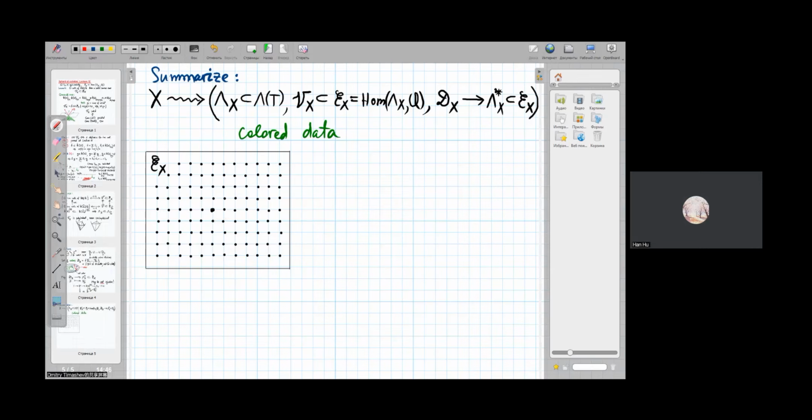Say, let this be the origin. And we have a cone sitting in this vector space.